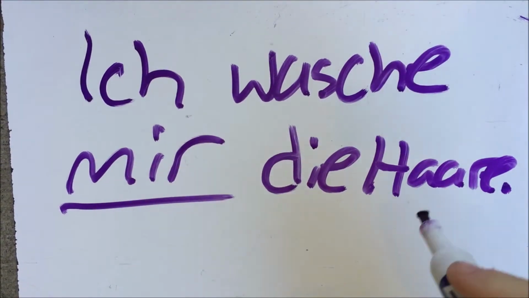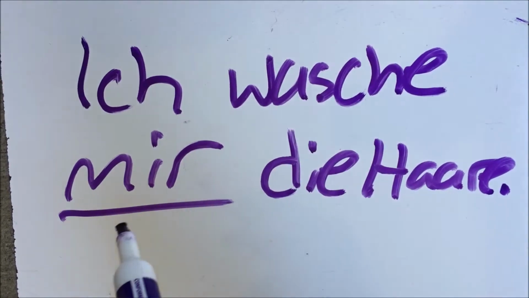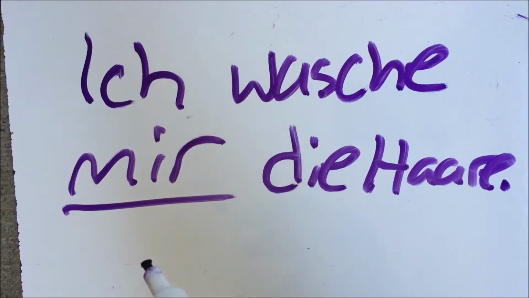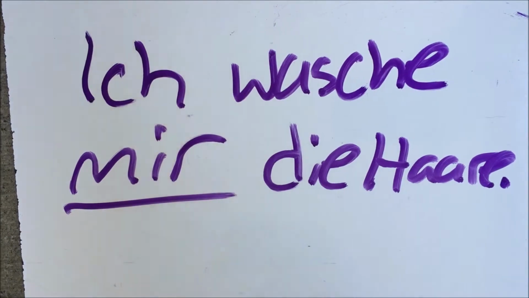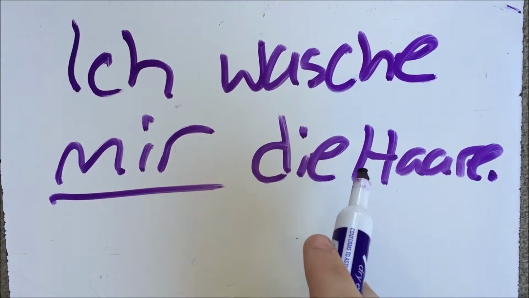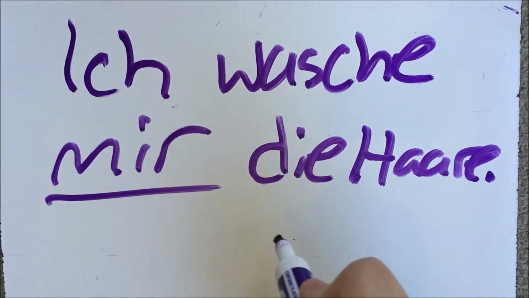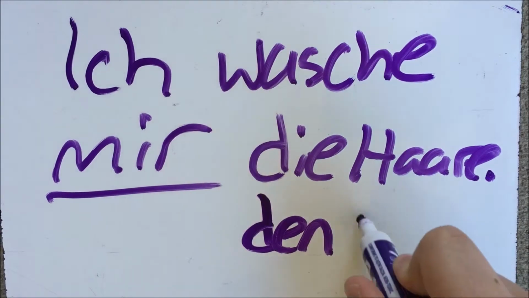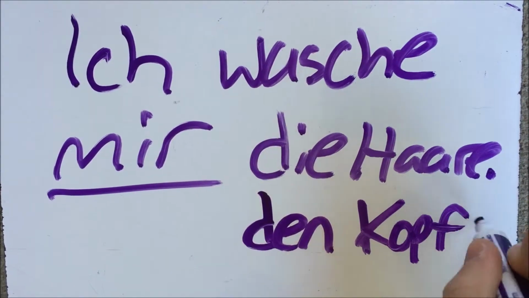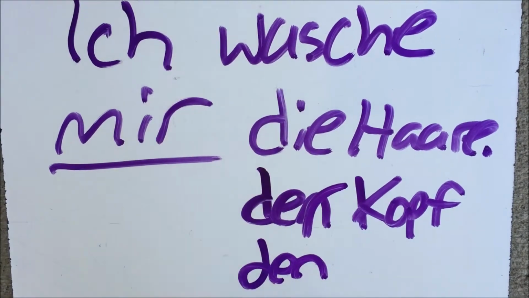Now in this sentence, die Haare is the direct object and mir is now the indirect object. It's my hair, so this goes to dative because it's happening to me, and then die Haare becomes the direct object, meaning it goes to accusative. So if this were, say, den Kopf, instead of der Kopf, it would be den Kopf because it is accusative.